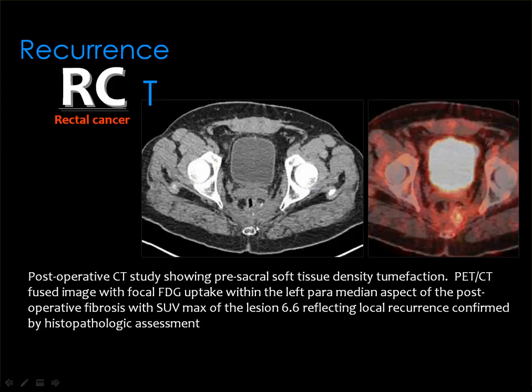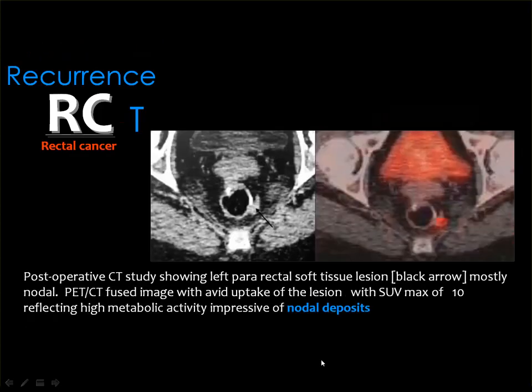But this is a true local recurrence. You got a mass in the presacral area, and this mass may represent normal post-operative fibrous tissue after abdominoperineal resection, but if the mass is increasing with time or getting regular, and the PET scan is also helpful to detect metabolic activity within the mass, this indicates that there is a tumor recurrence.